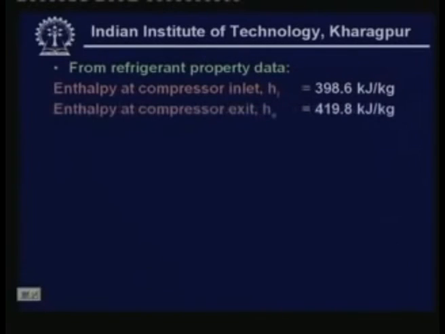And enthalpy at compressor exit: we know the condensing temperature, that means we know the exit pressure, and we also know the exit entropy because this is an isentropic process. So at the exit condition we know the pressure and entropy, and the exit condition lies in the superheated region. From the superheated property tables, from the known values of pressure and entropy, you can find the other properties.